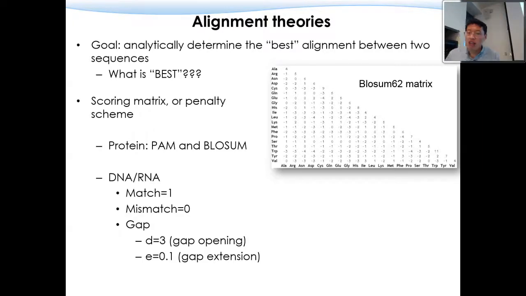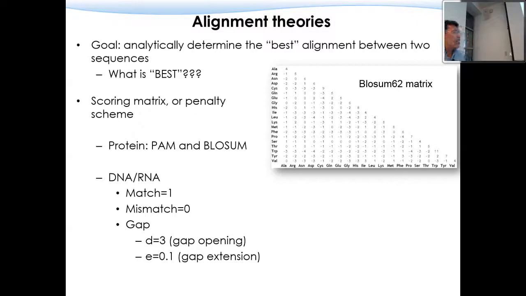But for nucleotide sequences, DNA and RNA, it normally becomes much easier. First of all, we only have 4 letters, A, C, G, T, right? If there is a perfect match, we give a credit. If it's a mismatch, we do not give that credit.